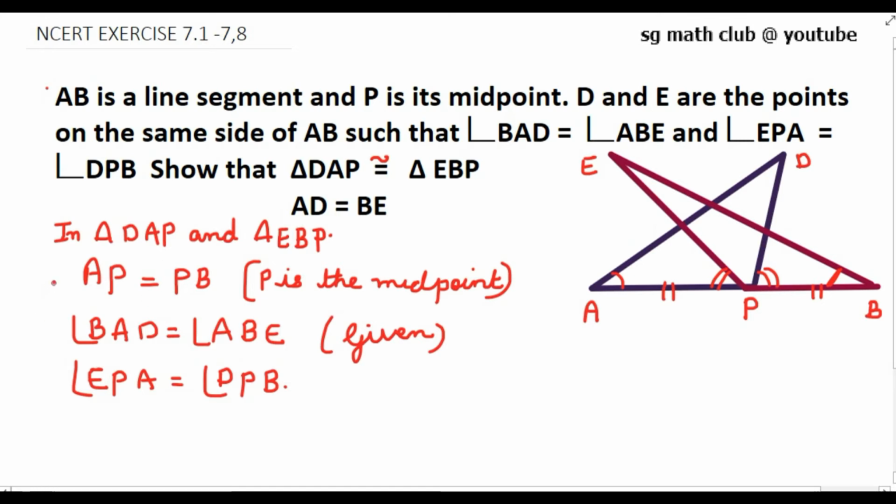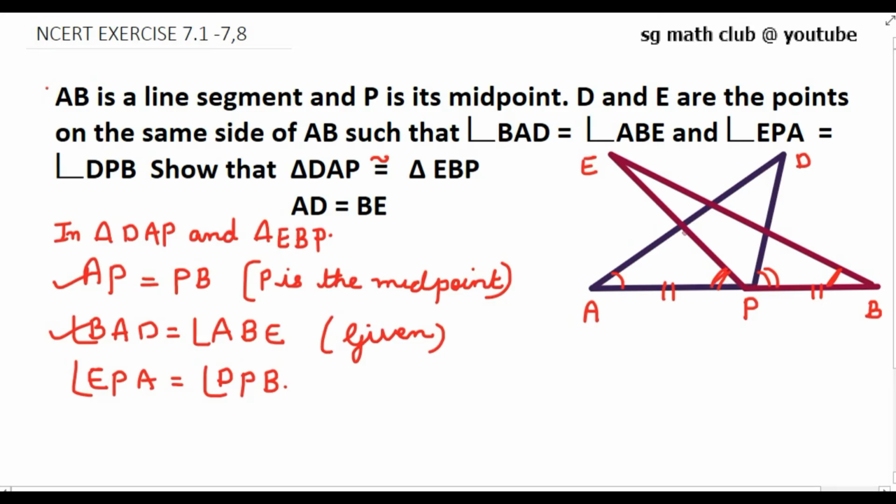Already we got two parameters. We need one more parameter to prove that these two triangles are congruent, either by SSS, SAS or AAS congruence rule. Now, they have given EPA equal to DPB.